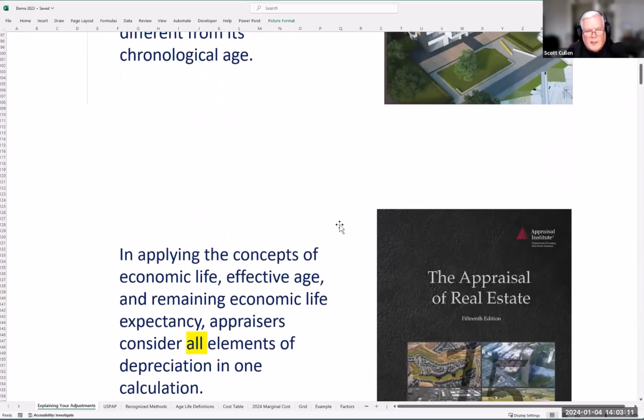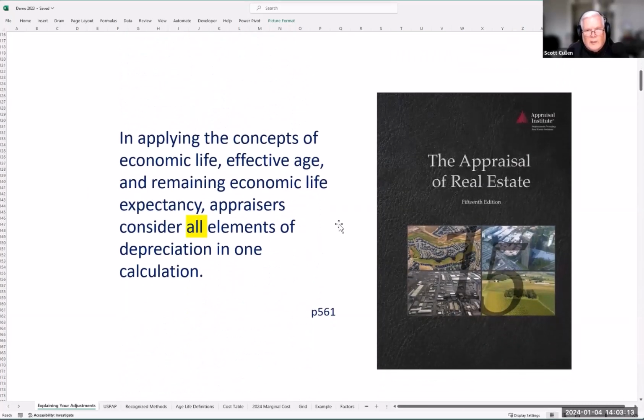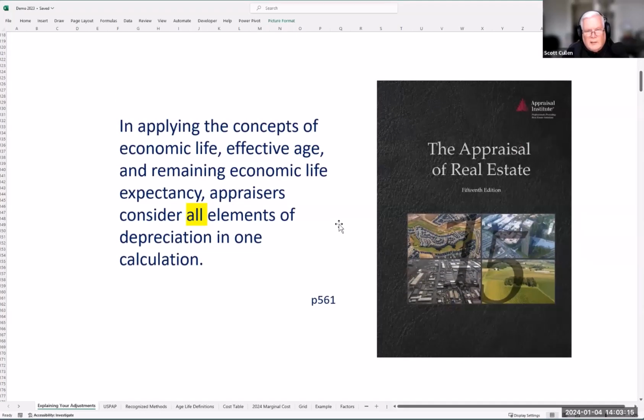And to reemphasize that point about there being functional and external and physical all wrapped up into that effective age estimate, here's a reference from page 561 from the Appraisal of Real Estate: In applying the concepts of economic life, effective age, and remaining economic life expectancy, appraisers consider all elements of depreciation in one calculation.